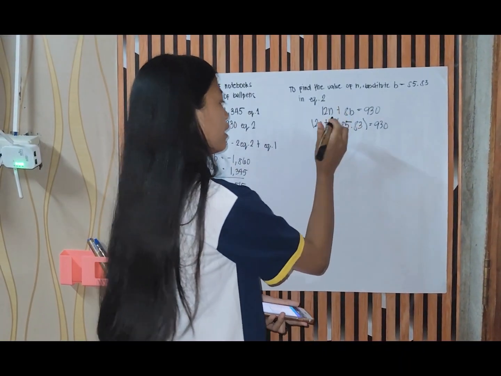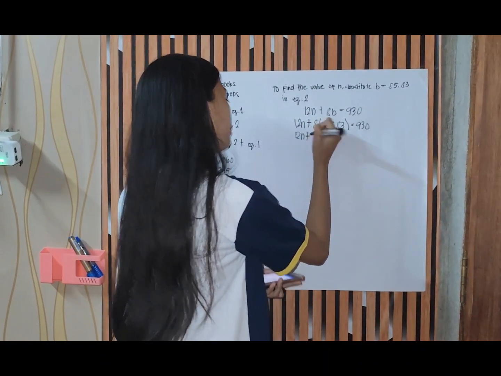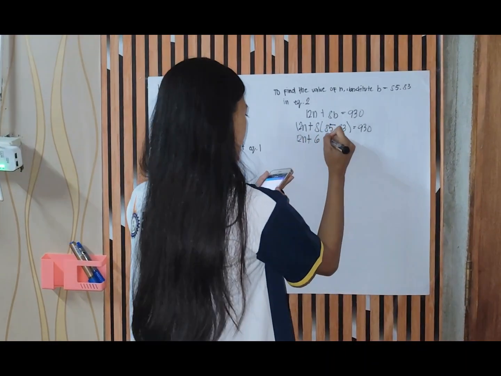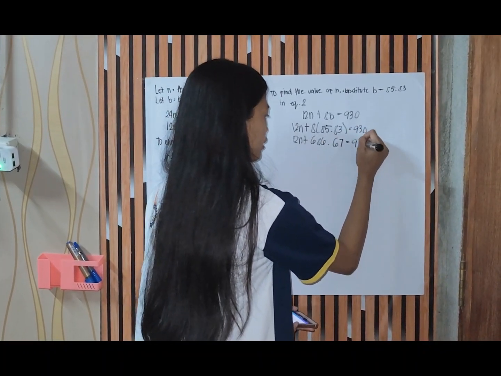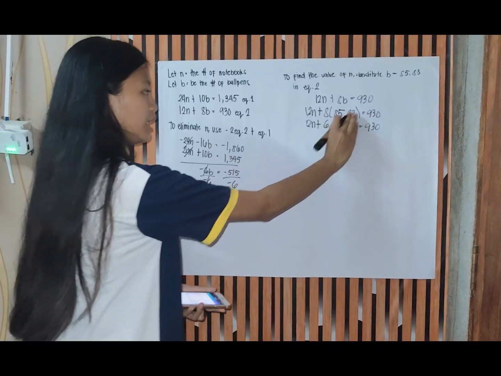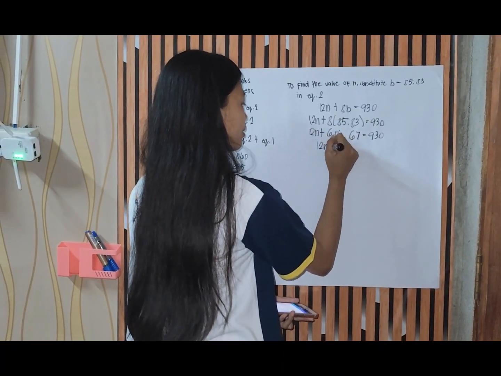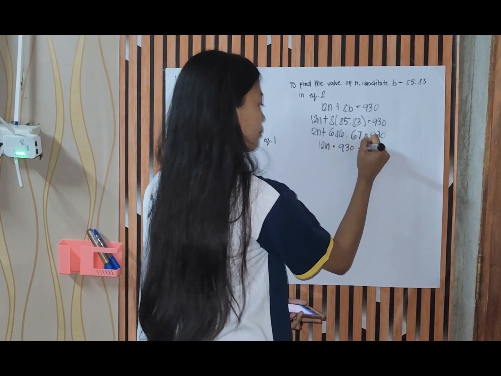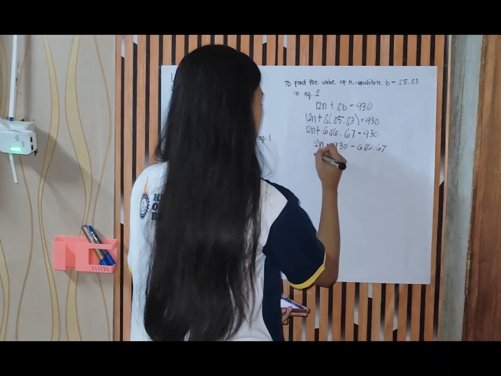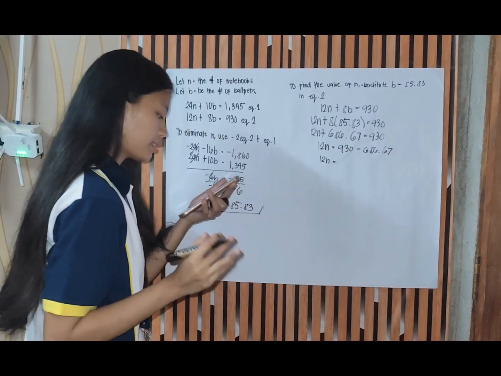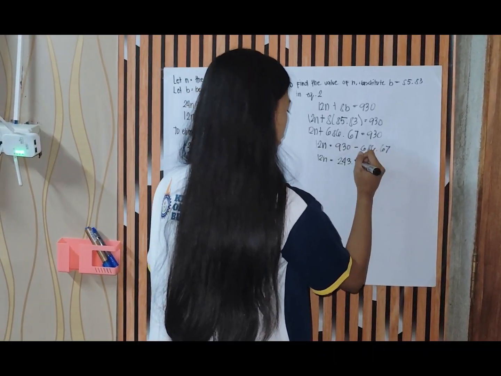So simplify. We multiply 8 by 85.83. So 12n plus 686.67 is equal to 930. Again, transpose this to the other side and the operation will change. So 12n is equal to 930 minus 686.67, so 12n is equal to 243.32.